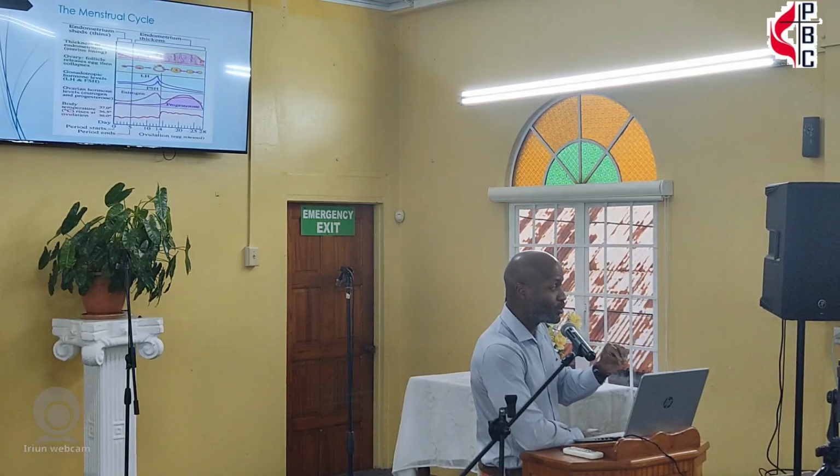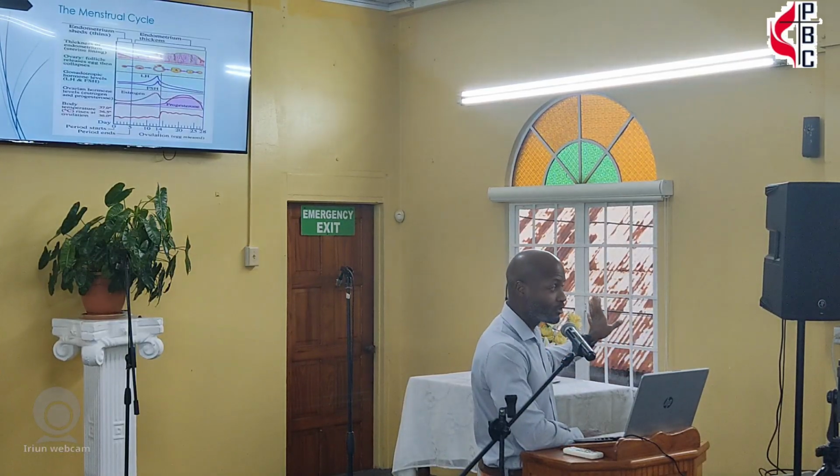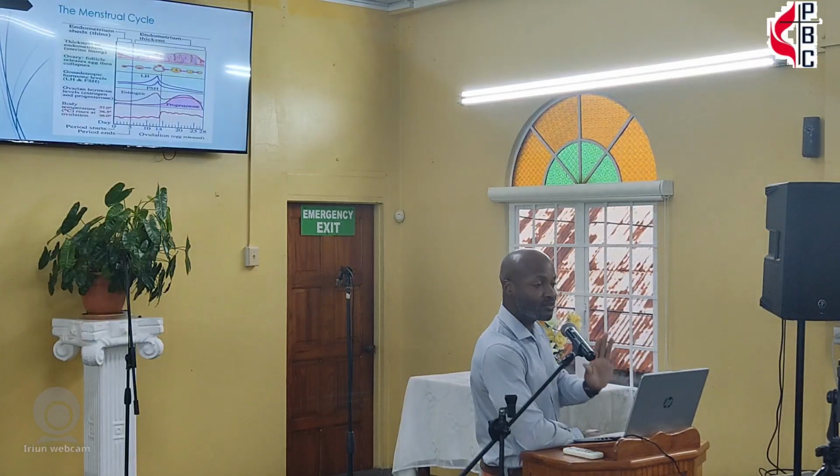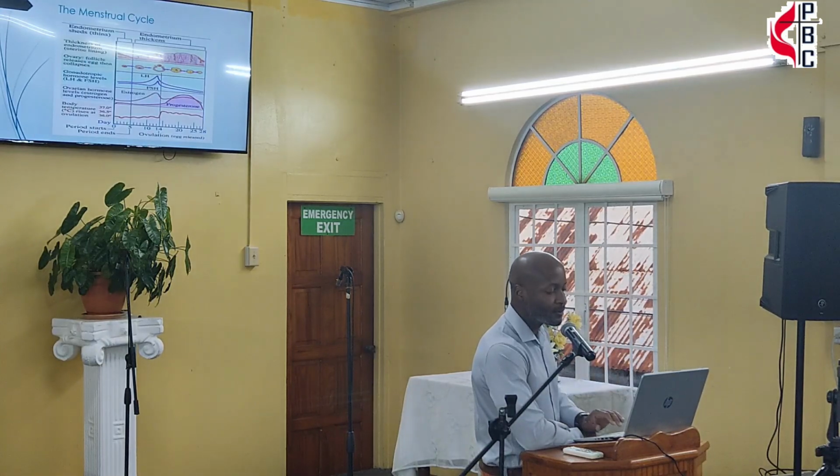So the body is doing what it has to do on both male and female sides to prepare to reproduce. So all this is in preparation for that. We need to understand this, and then we'll see how the changes in these preparations would manifest as certain medical problems. So you see the build-up here, and the progesterone is low.